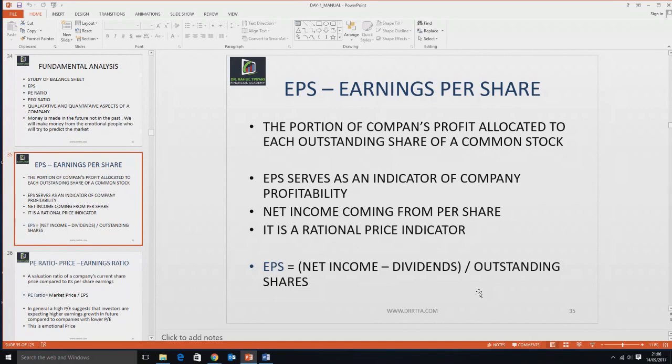It's the net income of the company minus dividends, if that company has paid any dividends, divided by the total number of outstanding shares in the market. So that is EPS. And remember, EPS is the rational price, right?